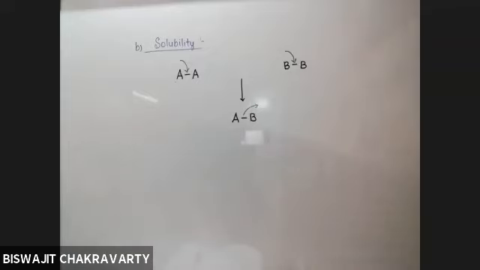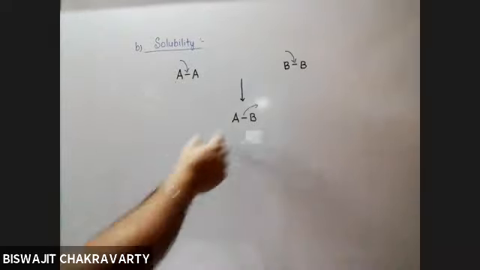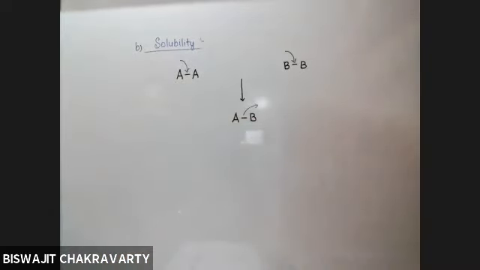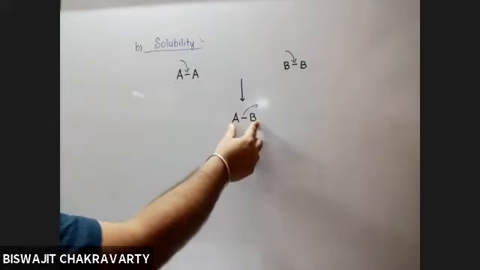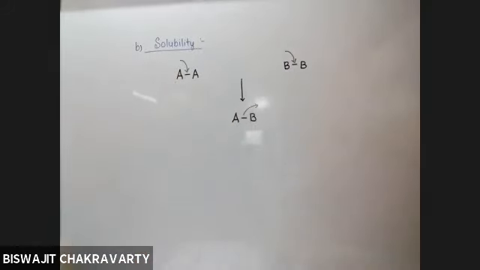Now, in case of haloalkane, which interaction was strong? In pure state, or in combined state? Pure state. In pure state the interaction was strong, and when they are mixed up, the interaction was not strong enough to break the older bonds.